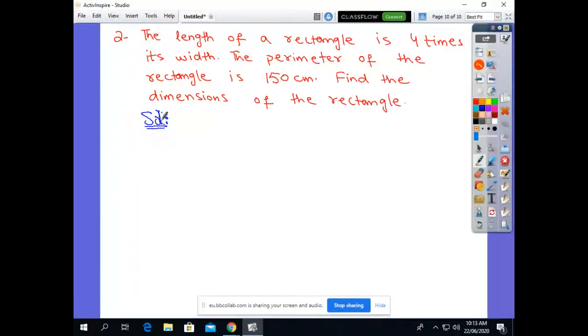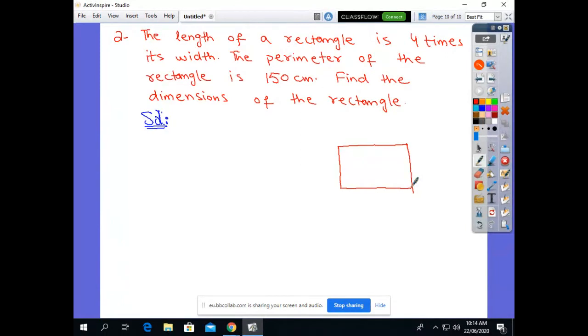First of all, we consider a rectangle. What is the shape of a rectangle? The shape of a rectangle is such like this, in which length and width are not the same. In the statement, length is 4 times its width.